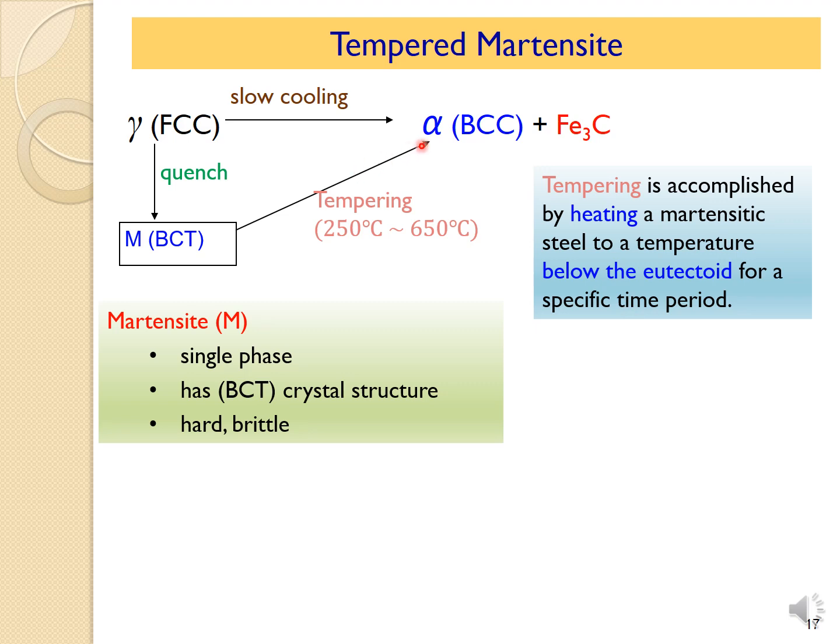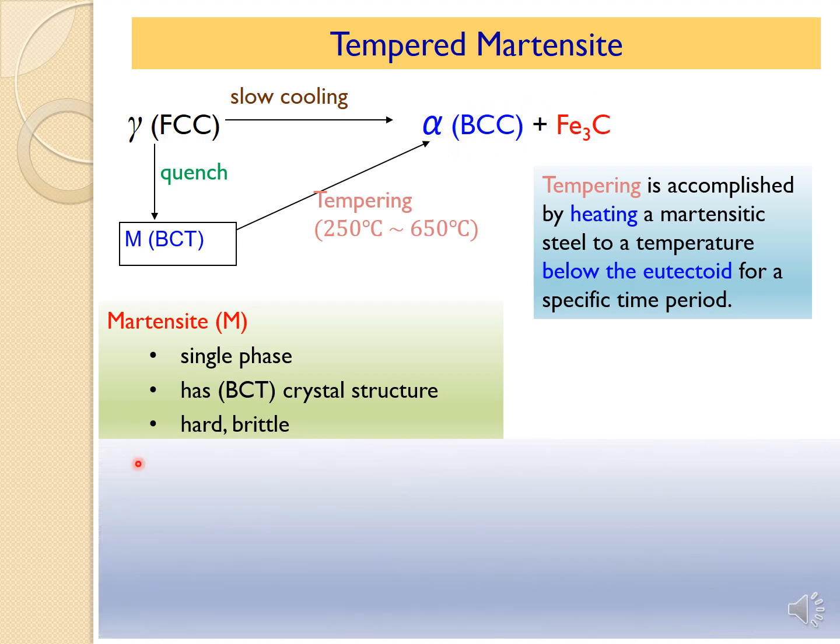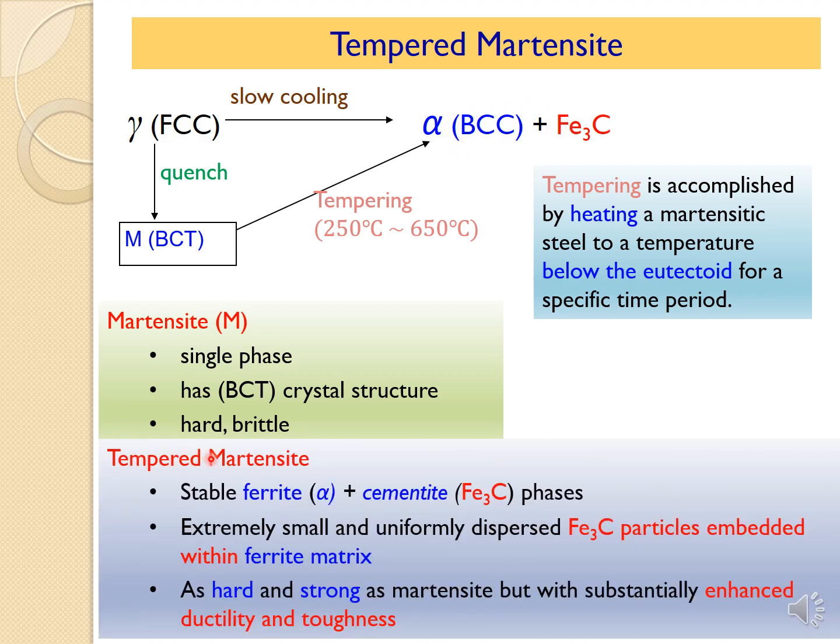As a result, the BCT structure turns back, or one phase becomes two phases again: one is alpha ferrite and one is cementite. This structure, the two phases that result from the BCT martensite, is called the tempered martensite.